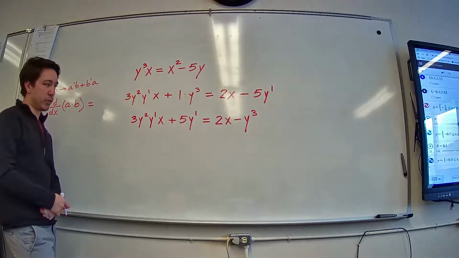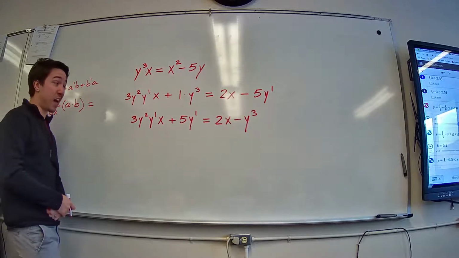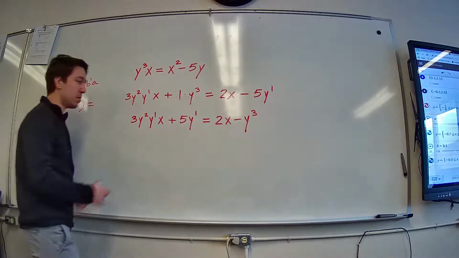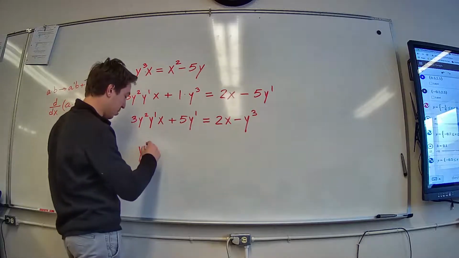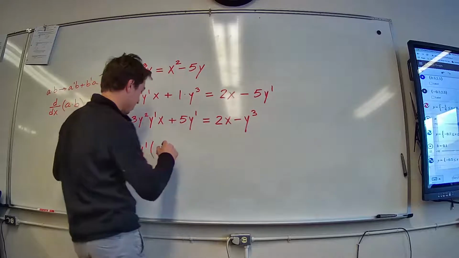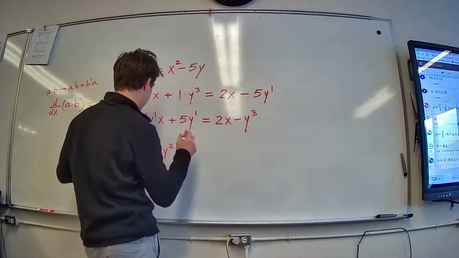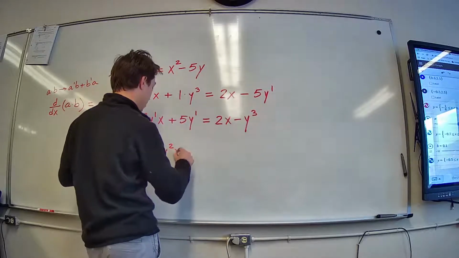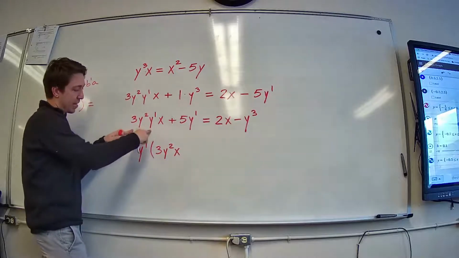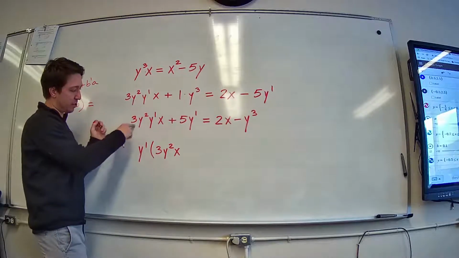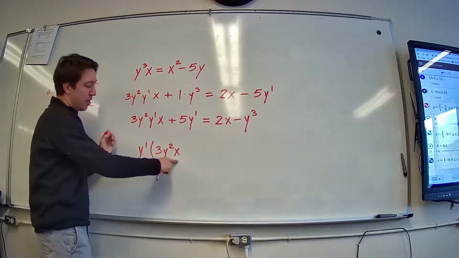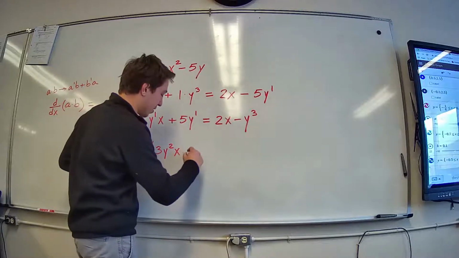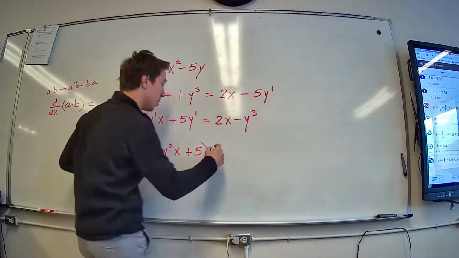And then we're going to factor out y prime. So if I factor the y prime out of this term, what's left over is 3y squared x, and what's left over from the other is just a 5.